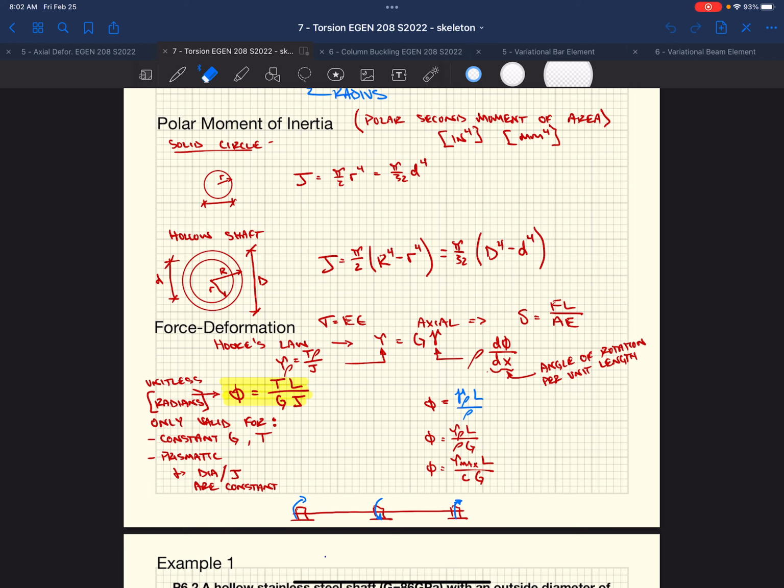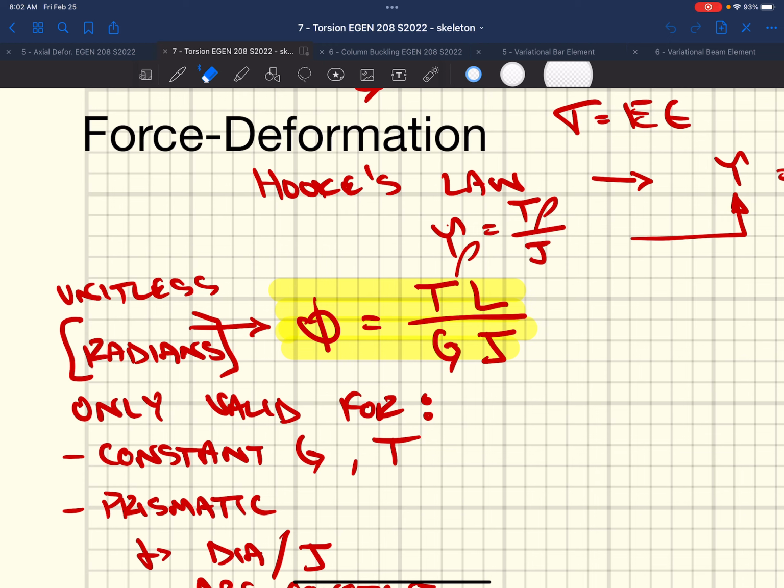Knowing Hooke's law and now knowing some relationships for not only the shear strain but the shear stress, we then developed this equation that gave us the rotation of our shaft based on the applied torque and some of the geometry: the length of the shaft, the polar moment of inertia of the shaft, and then the shear modulus, which is essentially just the stiffness. Stiffness as it relates to shear, versus our E, which is the modulus of elasticity, stiffness due to axial loads.